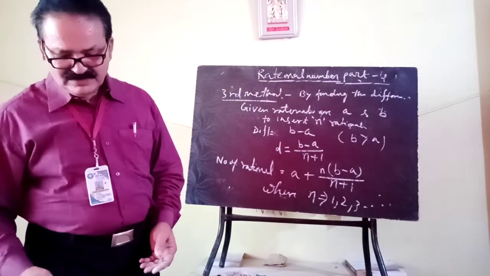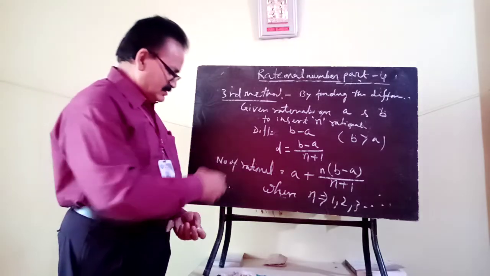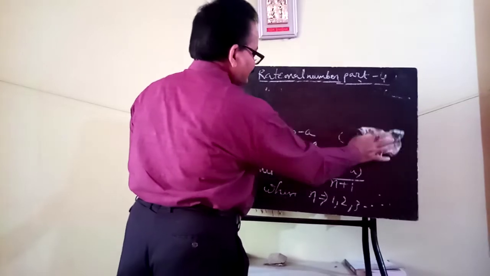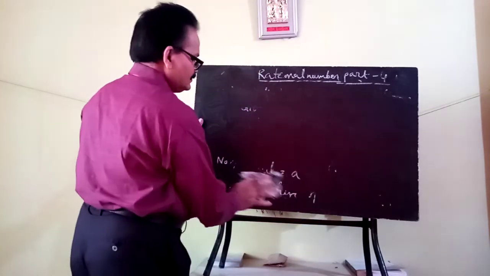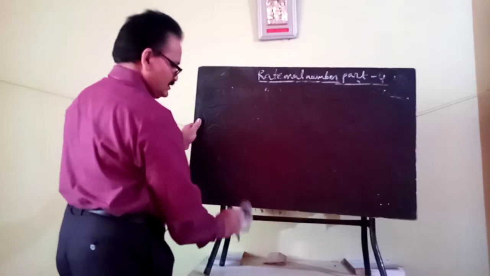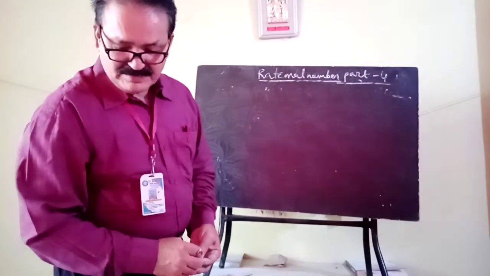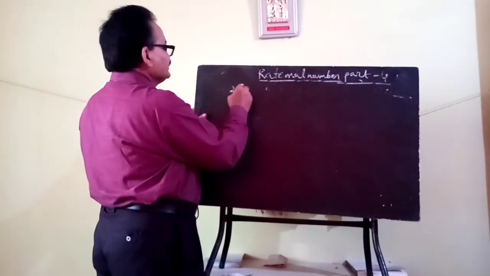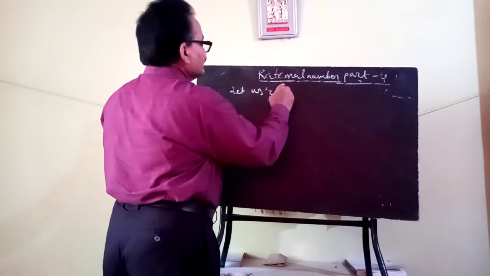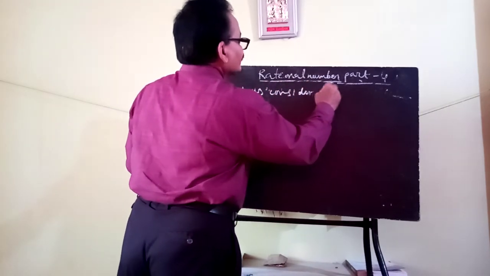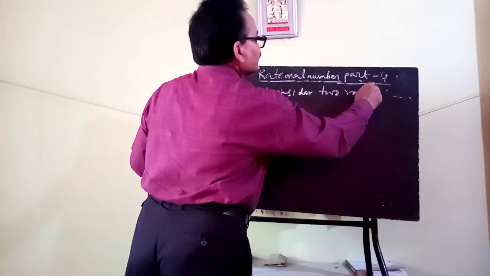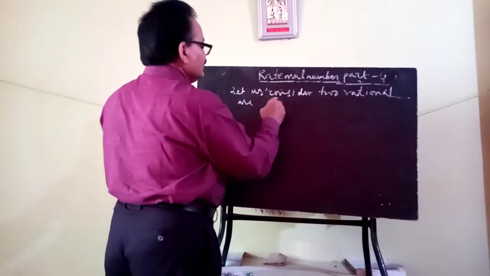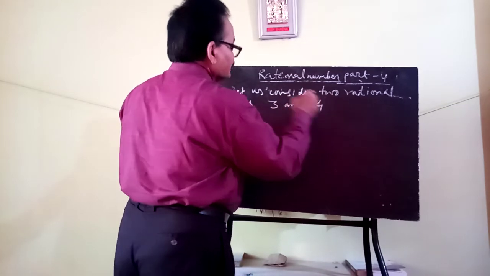Okay, now I will give you one example of it. Suppose, let us consider two rationals, 3 and 4.